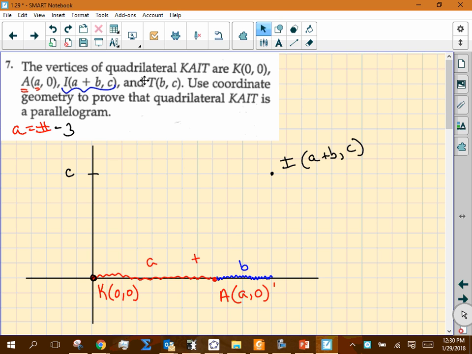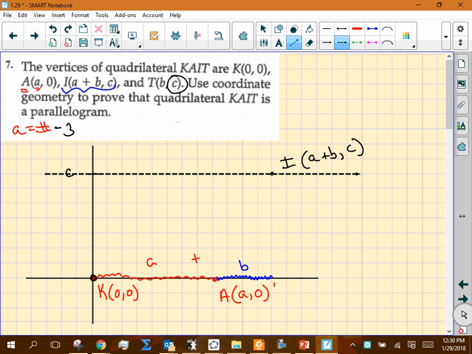Now, the last ordered pair is T, and it's located at b, comma c. Well, let's actually look at the c value first. Because it's the same y coordinate as that point, do we agree that this point T has to show up on that line somewhere? But now where does it show up?